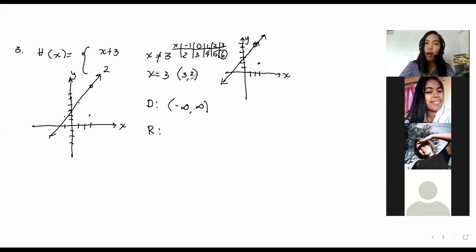Sa pangalawa, ang range ay 2. Si 2 ay part kanina ng all real numbers except 6. Okay? Pasok siya doon, di ba? Kasi part naman siya ng real numbers at hindi naman siya 6. Right? So, ano ang range natin?